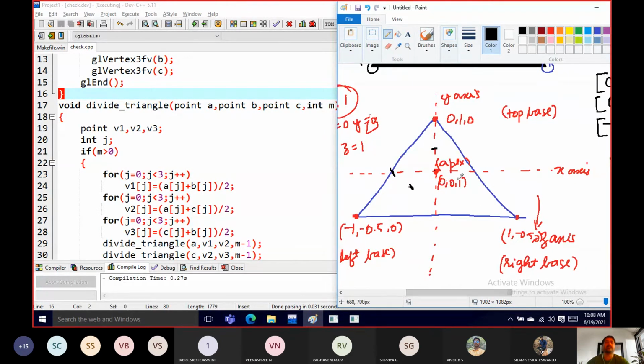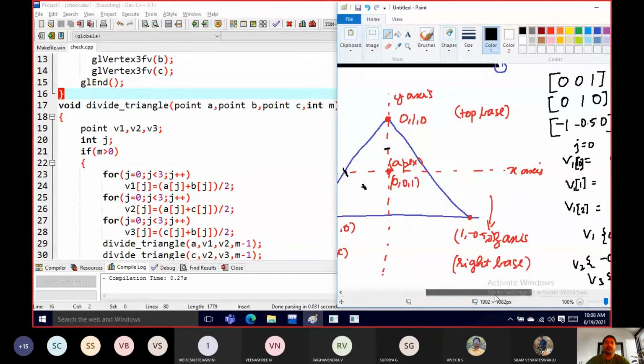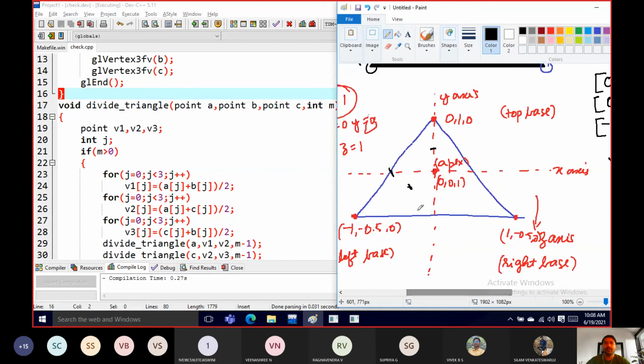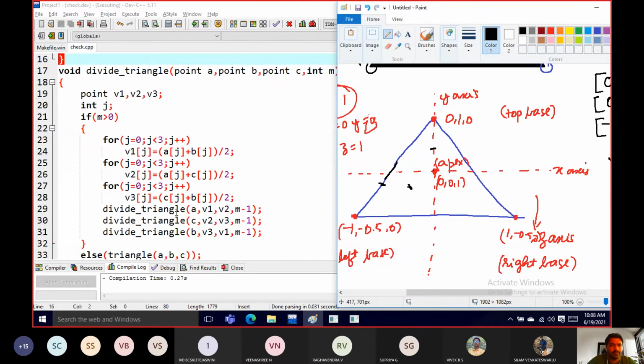So this will be the particular value. One more thing here: y doesn't come straight away here, it comes somewhere here. First, V1, V2, V3 we have found out.